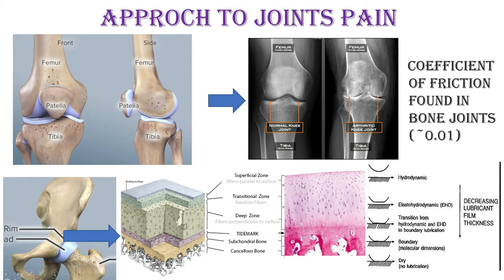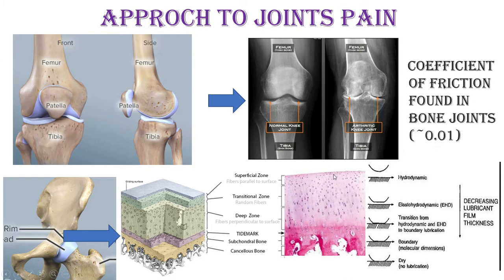That means this fluid has a squeezing effect that follows Pascal's law principle, and along with it, this articular zone has elasticity. As a result, the combined effect of this fluid and this elastic effect is an elastohydrodynamic effect, and that helps to decrease the coefficient of friction.